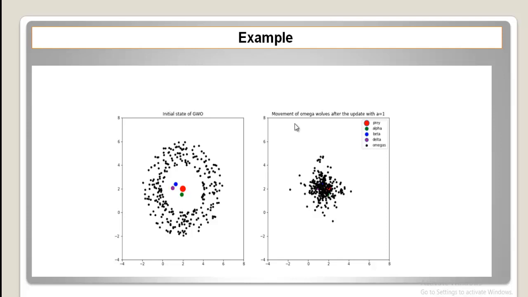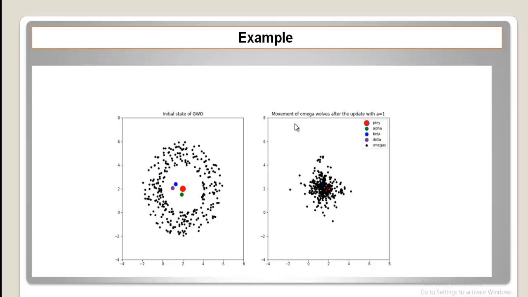If the variable a is equal to 0, this means that the optimization process is at the end and we are converging toward the optimal solution. Following the best three values of alpha, beta, and delta, we can see how the omega agents are gathering around the centroid point between the alpha, beta, and delta, reaching the optimal point.